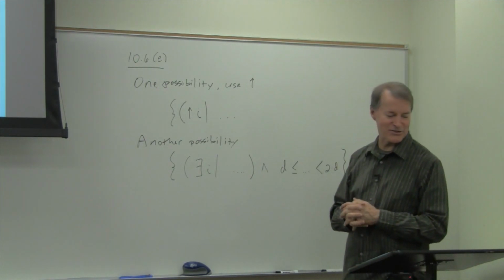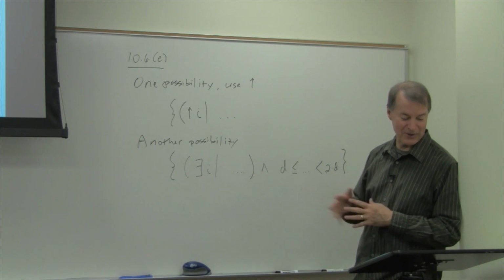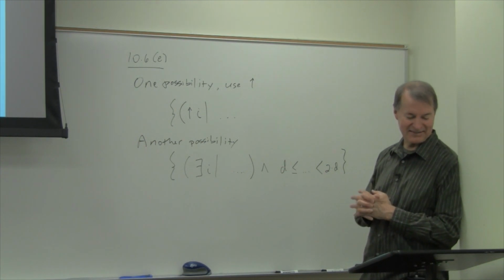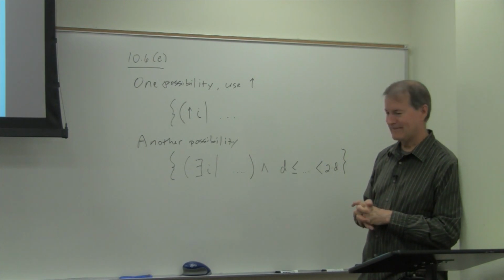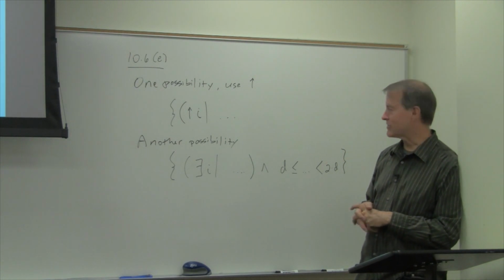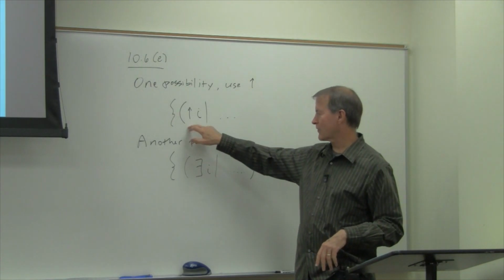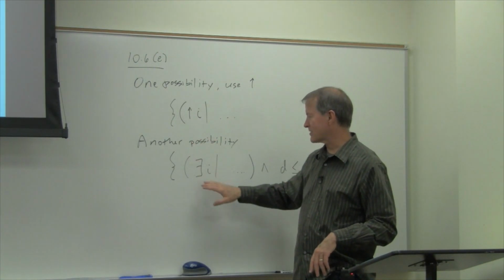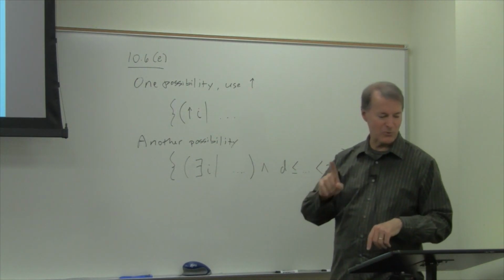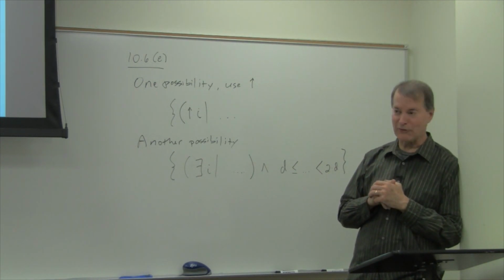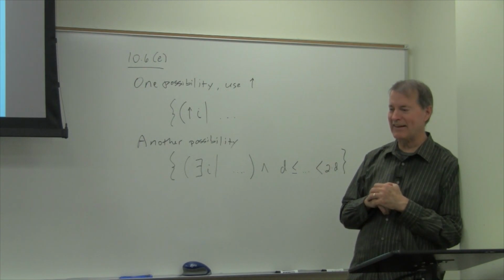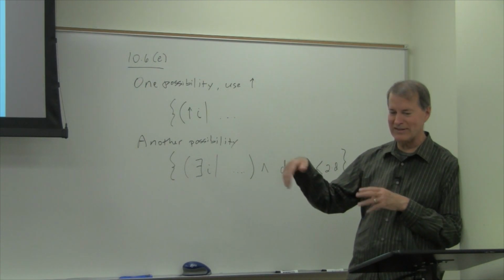And I had a student last year who had a very slick one, which doesn't use any quantification, no max over this, no there exists. He was able to do it with one simple Boolean expression. It was the first time in all the years that I've been assigning this.